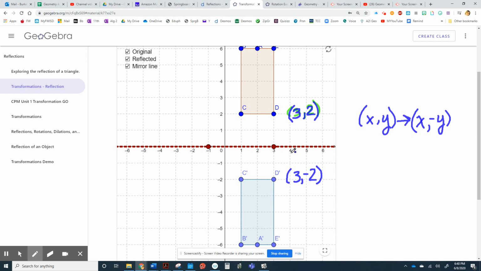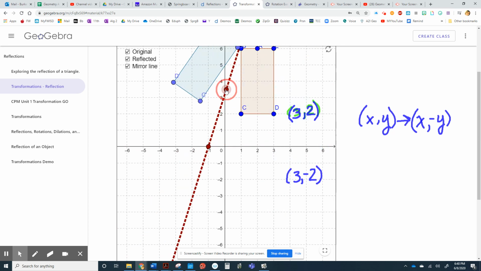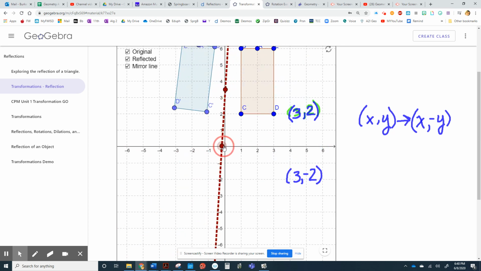So this is what it looks like when reflected over the x-axis. Okay. To make it reflect over the y-axis, you put this line. And if you don't want to see the shape actually move, you can turn the reflection off.